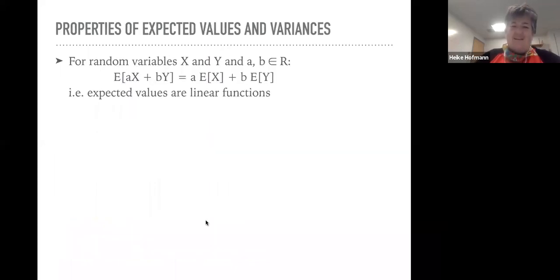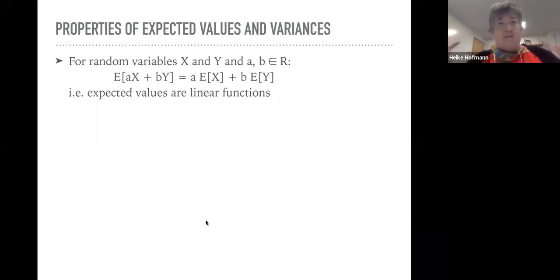Okay, so I said I would come back to some properties of expected values and variances. And again, this looks very abstract, but this is actually very applicable. So we've got two random variables, and we come up with a linear combination, any linear combination of these two random variables.